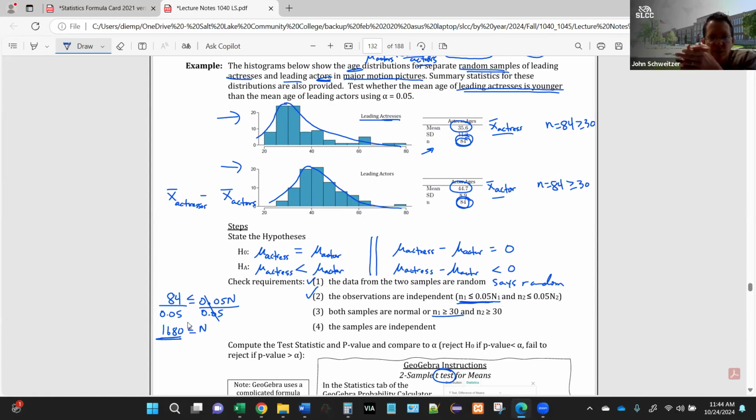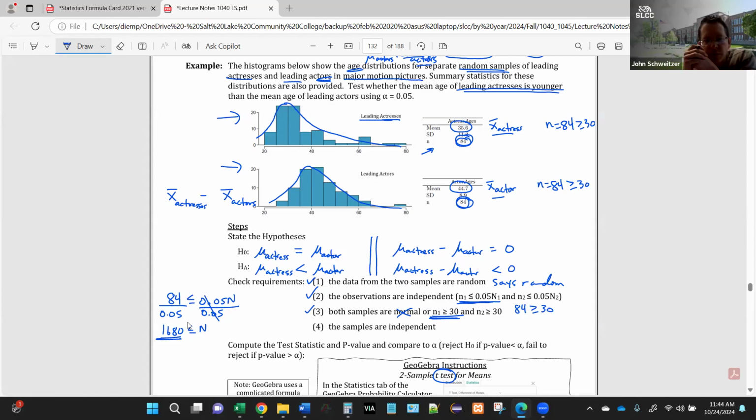Most of them are bunched up towards younger ages. So I wouldn't say these are coming from normal populations at all, but that doesn't matter. As we've discussed, the central limit theorem will kick in as long as there's at least 30, and 84 is more than 30.